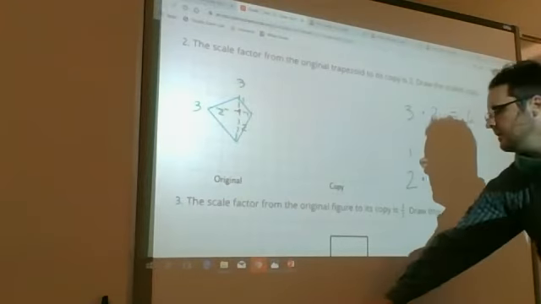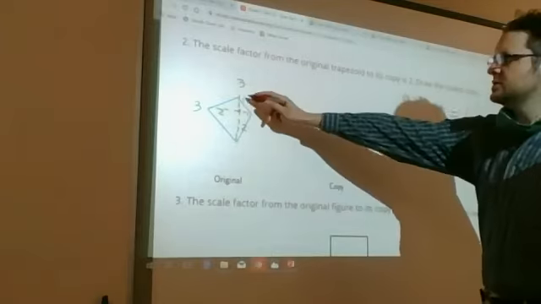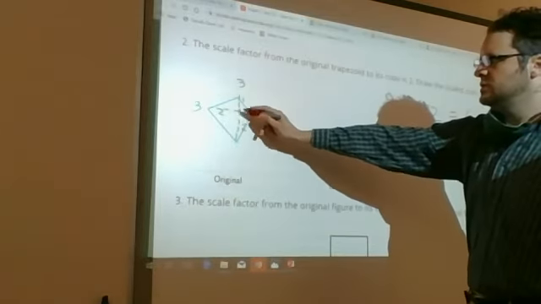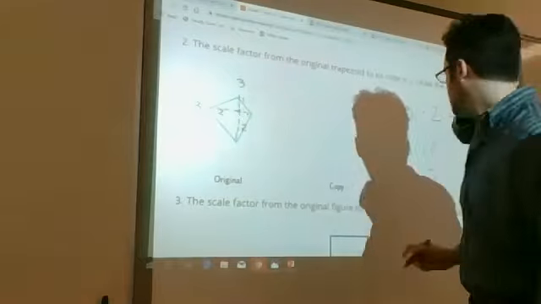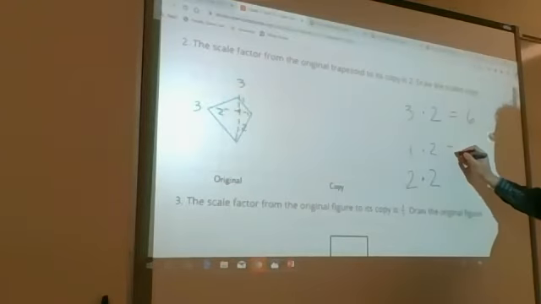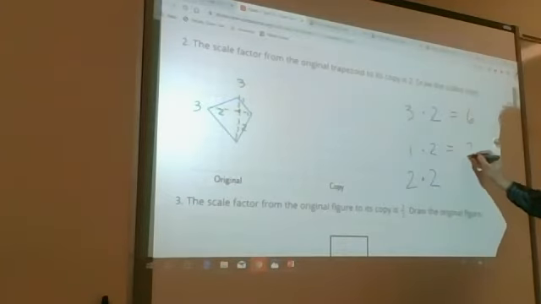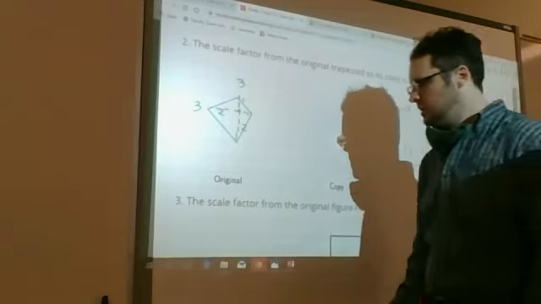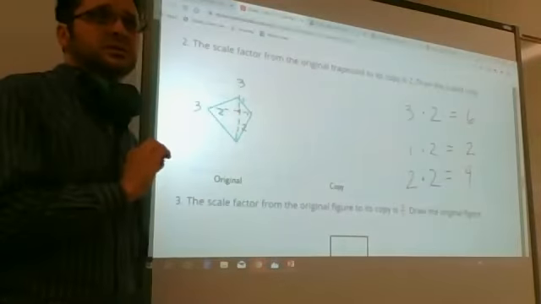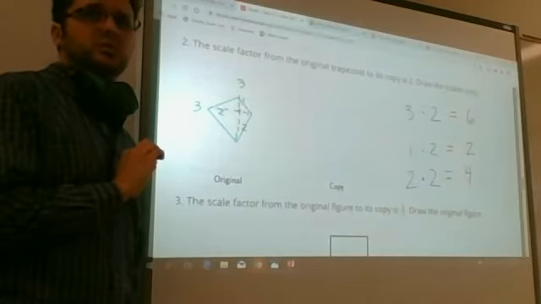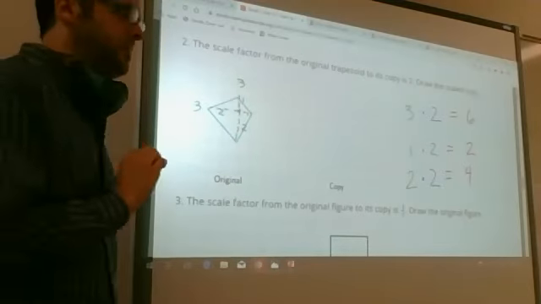So real quick now, where there's 1 over here and 2 over here in the original, it's the same this way, 1 here, 2 here. In our scale copy, it needs to be 2 and 4. Is anybody confused? Because I know this is a little bit confusing. It should make more sense when I draw it.